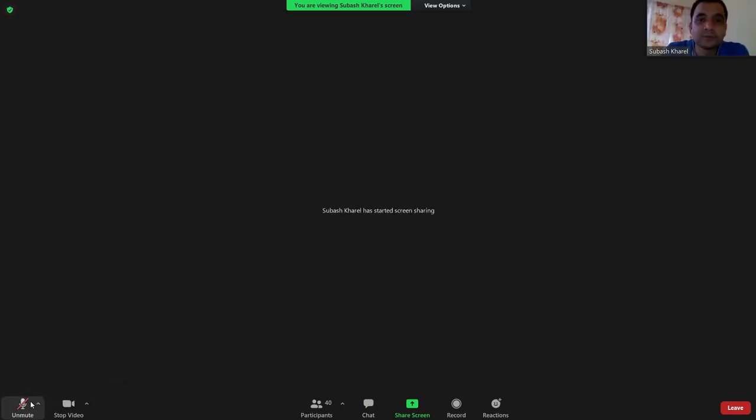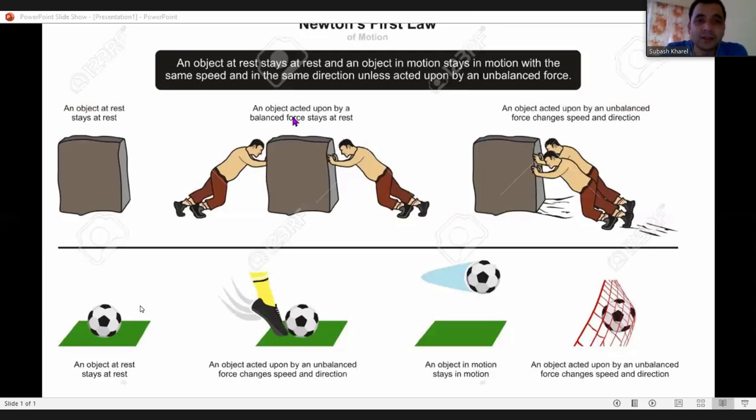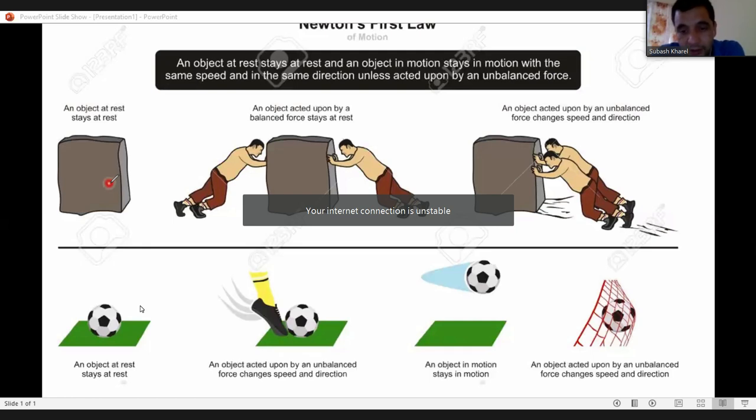We will read the rest later. Look, what is done here? Look at the first figure. Rest state, rest. Does this object move by itself? If you place a block of wood or anything lying on the surface of the ground, it always remains on the ground, isn't it? Does it move itself? No. Never.